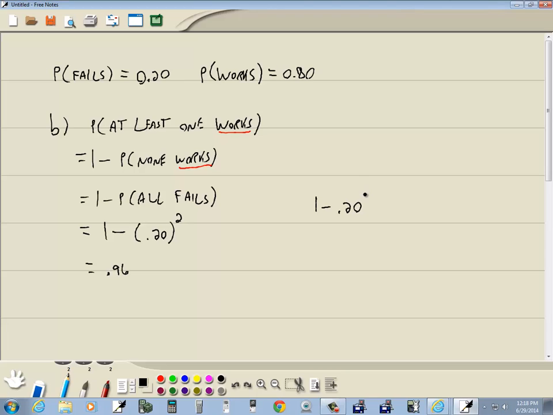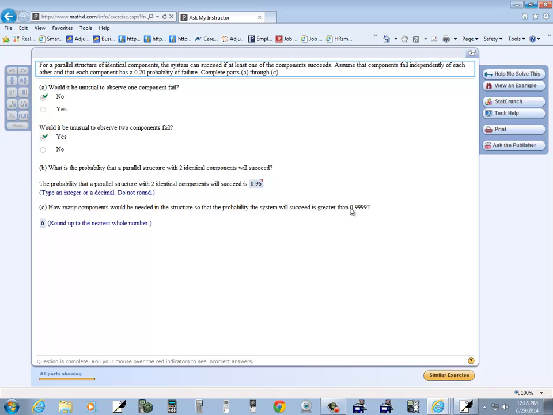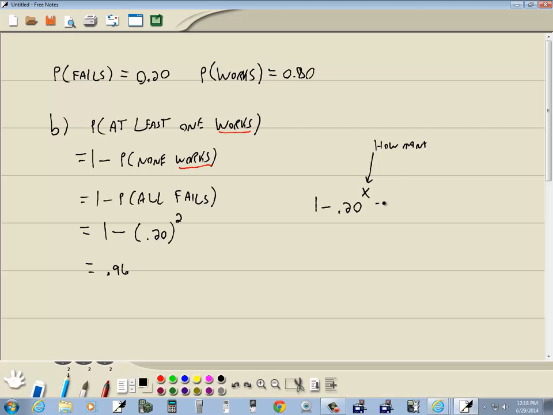If I think about this, this would be a variable because they're wondering how many. So they're saying how many. Now they say it's greater than 0.99, but let's actually do 0.999 like this.